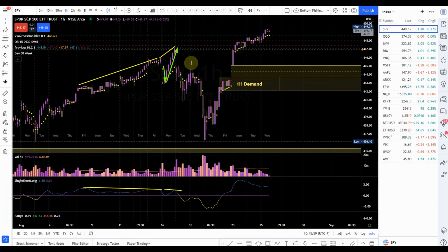So this was a sign for me. When I see something like this, it tells me in this area, or maybe even in this area, I'm very cautious with my positions. And then I look for a demand zone in an uptrend or supply zone in a downtrend for my entry.